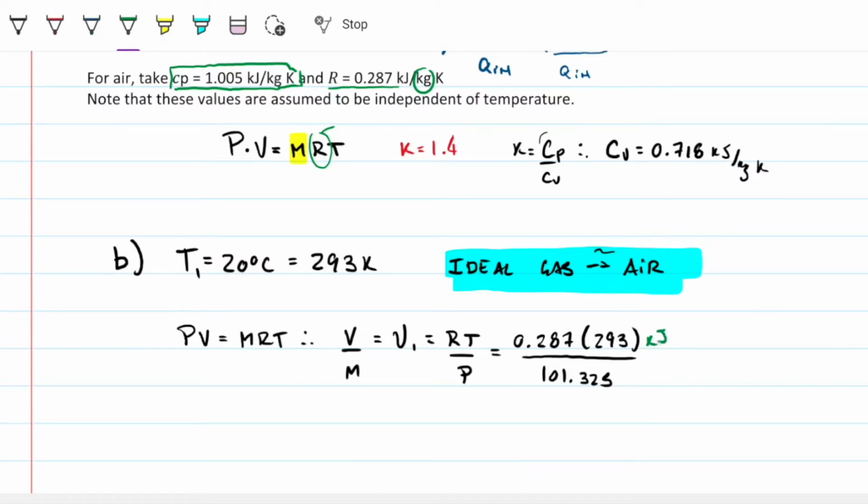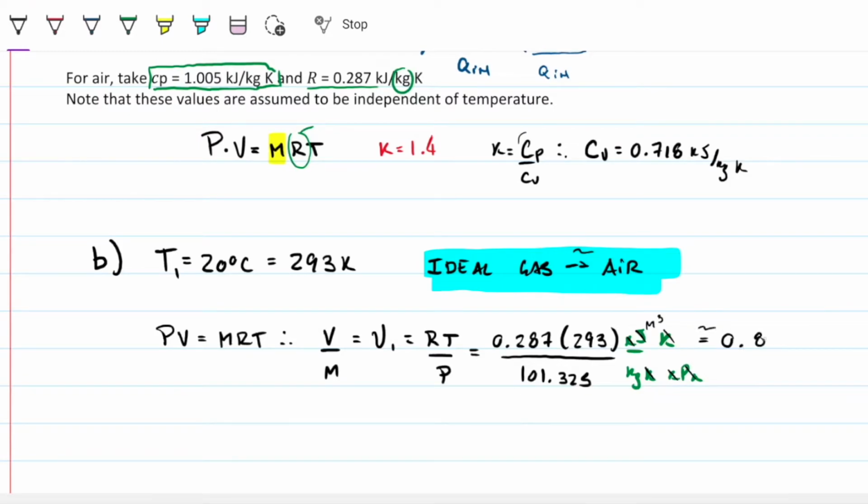We have kilojoules per kilogram Kelvin on the R, Kelvin on the temperature, and kilopascals on the pressure. So what happens here? Well, Kelvin and Kelvin go away, the kilo and kilo go away, and then joules and pascals is going to be meters cubed. So that's going to be meters cubed per kilogram, which is perfect. Exactly what we're looking for. This gives me 0.8299, so let's approximate that to 0.83 meters cubed per kilogram. Cool. So that's our first state. This is state 1. Let's write that down.